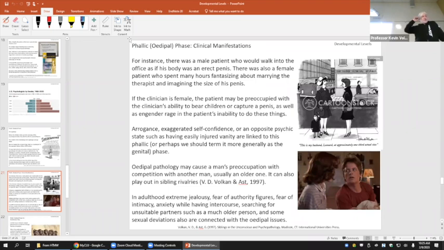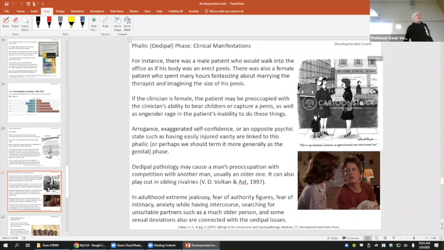Okay, clinical manifestations. A male patient will walk into the office as if his body was an erect penis. Also, a female patient who spent many hours fantasizing about marrying the therapist and imagining the size of his penis. You put somebody on the couch and you don't sit in front of them. This kind of stuff will start coming out. If the clinician is female, the patient may be preoccupied with the clinician's ability to bear children or capture a penis.